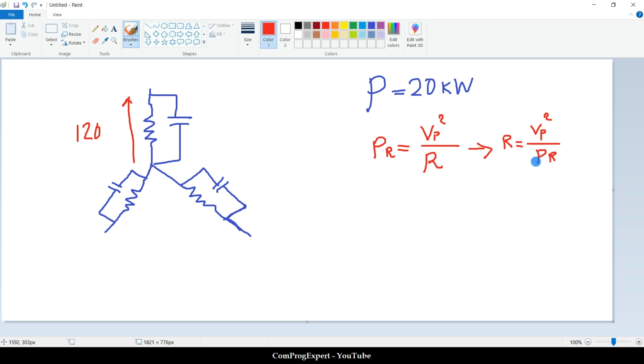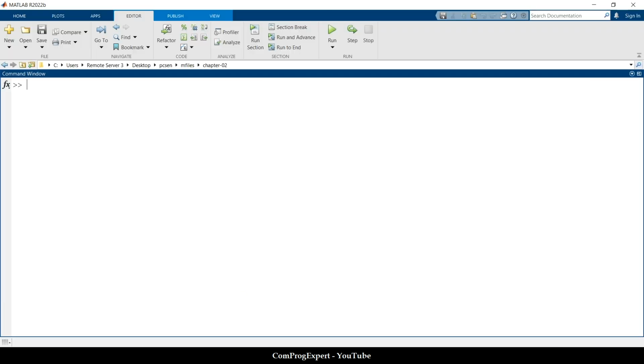PR is the power loss for one phase. That is equal to 20 divided by 3. The P phase is equal to 20 kilowatts divided by 3. Let's do this calculation.